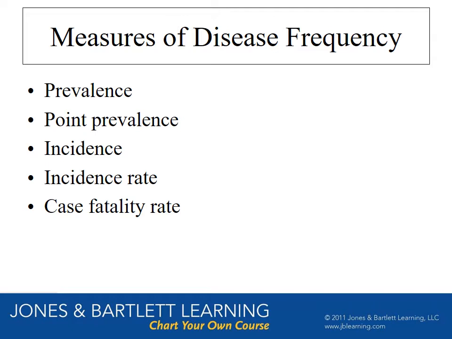In the next few slides, I'll present definitions of measures of disease frequency and also some examples of measures of association that we might consider in examining links to exposures of interest like environmental risk factors, air pollution, water pollution, and disease outcomes like respiratory illness or diarrhea.